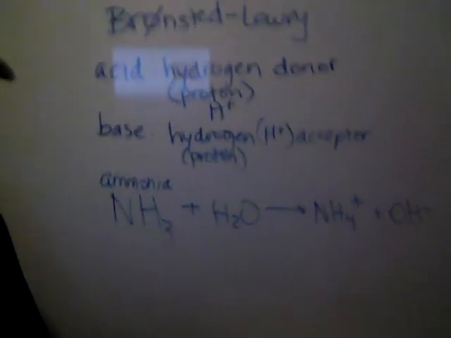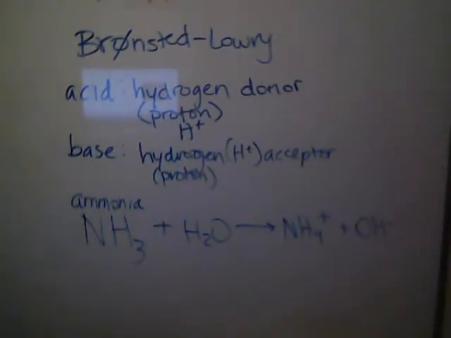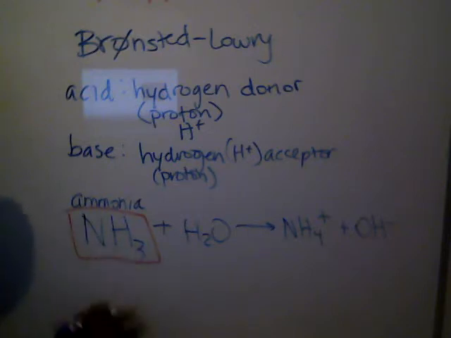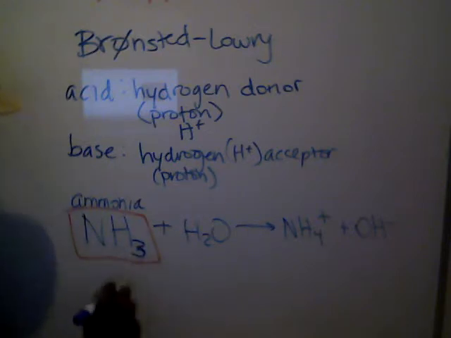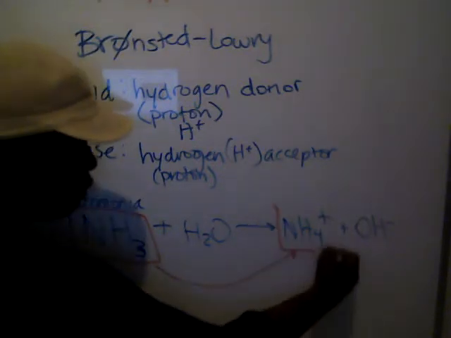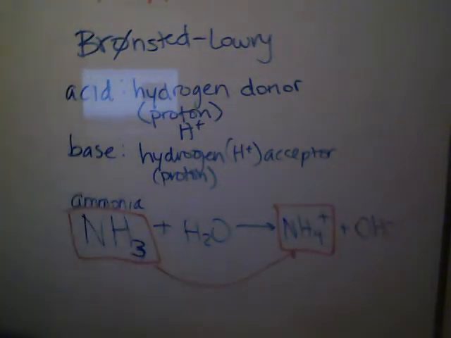Okay. So when we're dealing with Bronsted and Lowry's definition, we have to keep track of how things change. So the ammonia on this side was NH3, but it turned into this guy, NH4 with a plus. Okay?